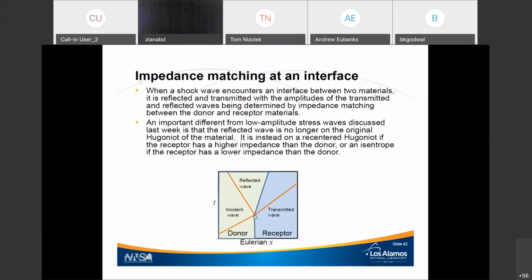The Hugoniot that this wave puts you on is not the principal Hugoniot. It's anchored at the initial condition produced by this wave. And so you actually have to calculate a new Hugoniot.